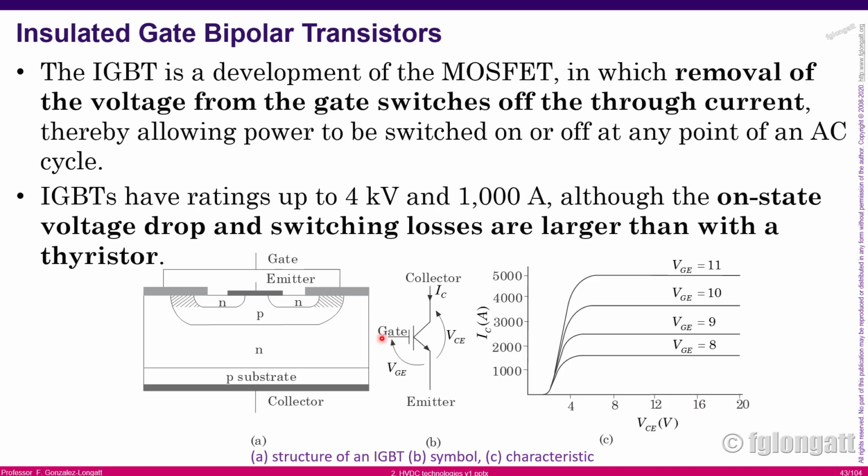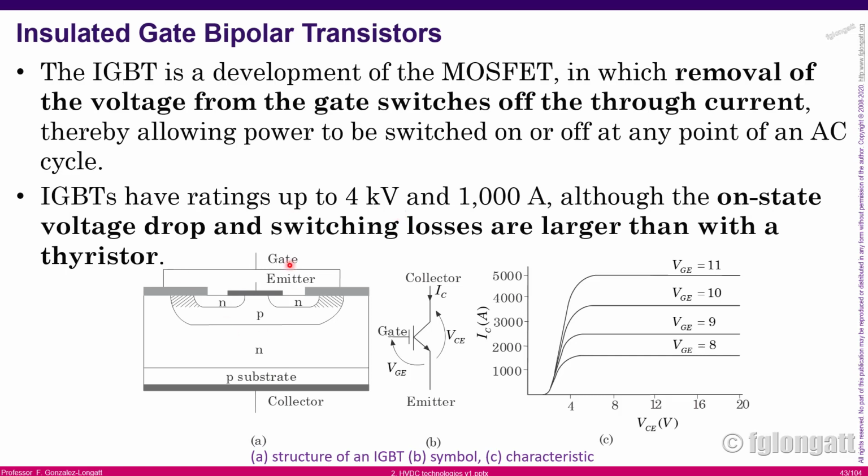But if you remove the voltage, as a consequence, the device opens the connection between the collector and the emitter. Okay, for the IGBT, right now today you can find 4 kilovolt devices up to 1000 amps or even a bit higher. However, when you increase voltage and currents, of course prices go up.